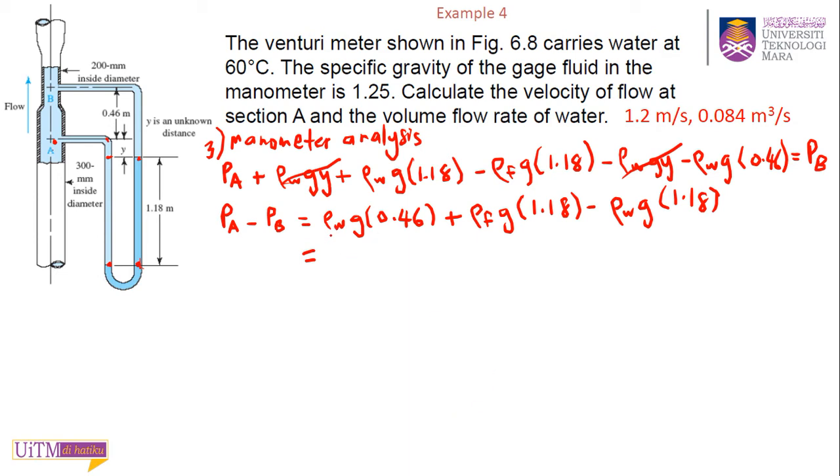And what is the value for this? Rho water 1000 times G times 0.46, plus rho of the gauge fluid times G times 1.18 minus rho of water times G times 1.18. Berapa nilai PA minus PB? Anyone? Can someone calculate?